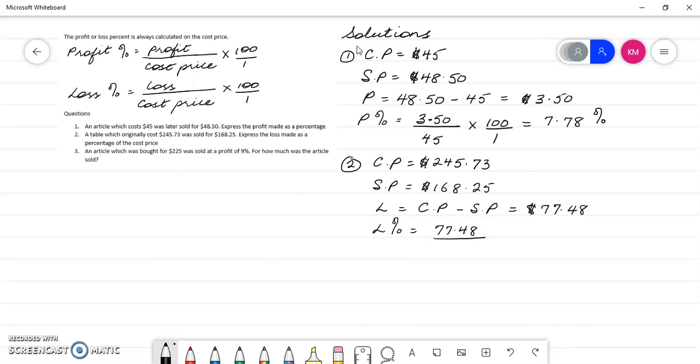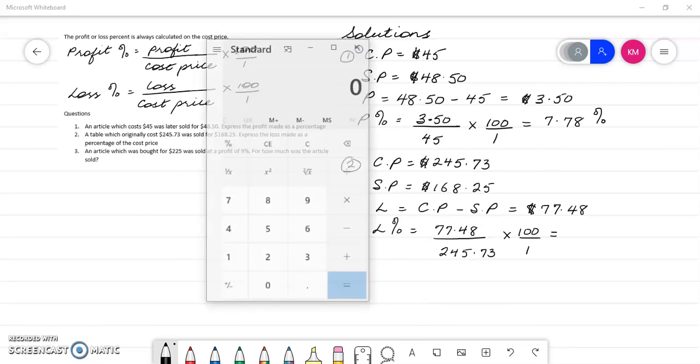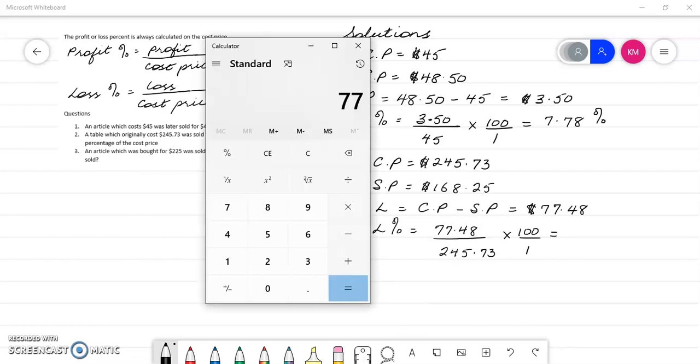Remember, it's always over your cost price, 245.73, and I'm going to multiply that by 100 over 1. So you are going to get 77.48 divided by 245.73, and then multiply that by 100. You are going to get 31.5%.